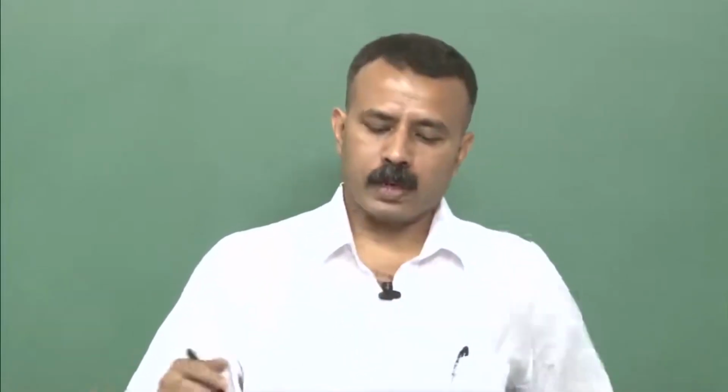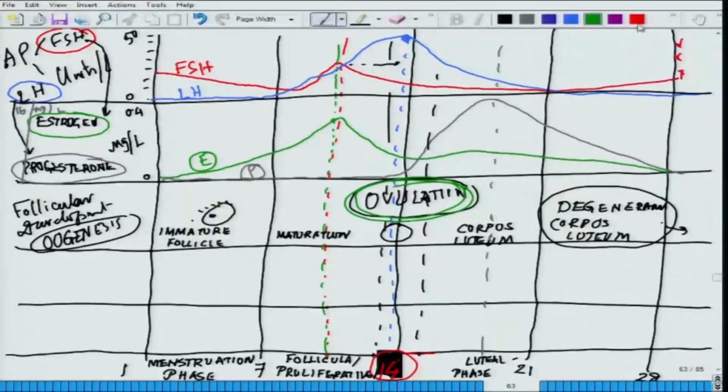If the egg which is formed is fertilized by a sperm at this stage, if a female has sex with a man at this time, there is a possibility that this egg will become a zygote after fertilization.